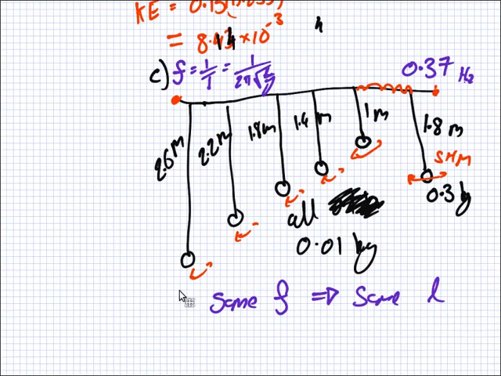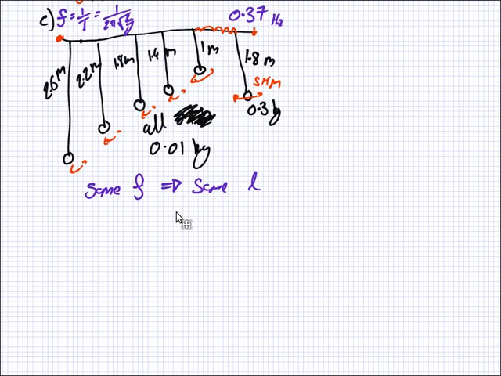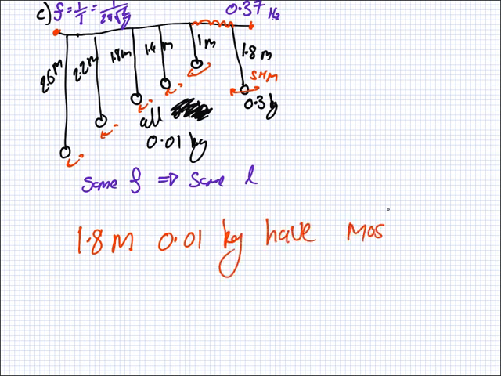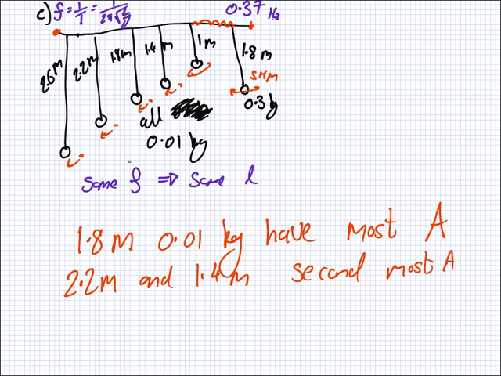So let's be very clear about our answer here. The 1.8 meter, 0.01 kilogram pendulum will have the most amplitude in its swing. Then the 2.2 meters and the 1.4 meters would be the second most amplitude, I would say.